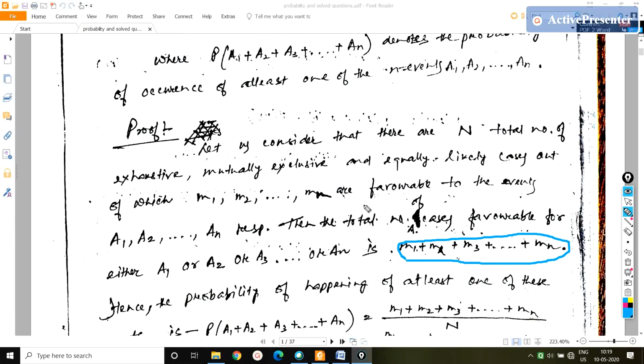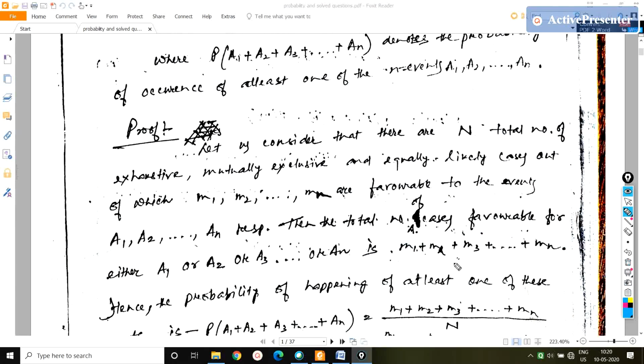The theorem tells us that we have to take the condition that at least one of the n events occurs. So the happening of either event 1 or 2 or 3 or n is included when we take the number of cases favorable for either A1 or A2 or A3.